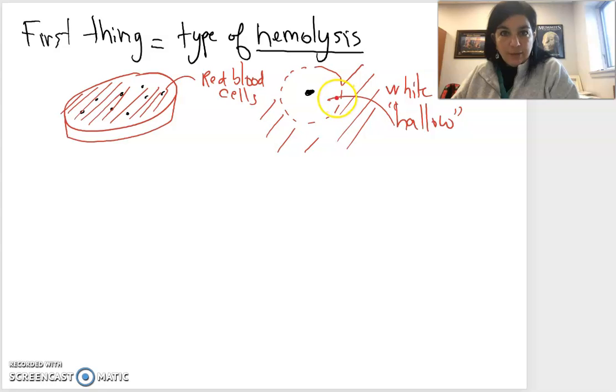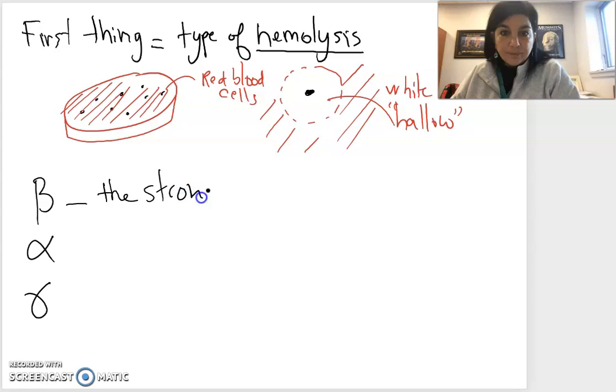So we have different types of hemolytic strength, and the first one I'm going to talk about is beta hemolysis. We have to identify first if the strep is beta hemolytic, alpha hemolytic, or gamma hemolytic. So beta hemolysis refers to the strongest hemolysis.